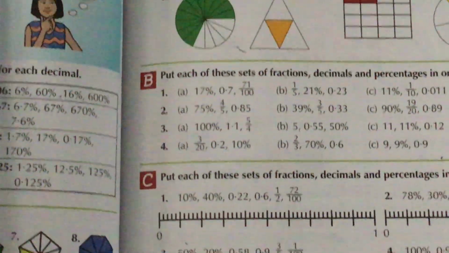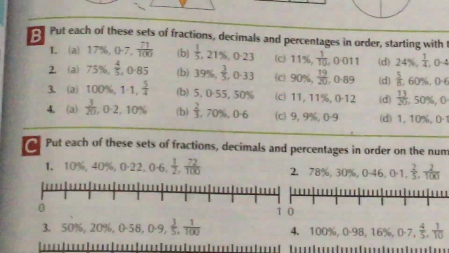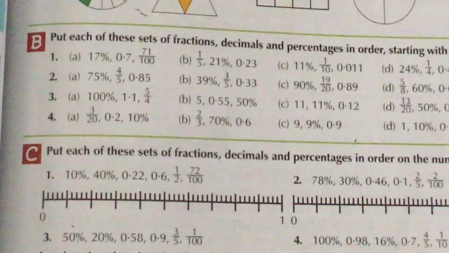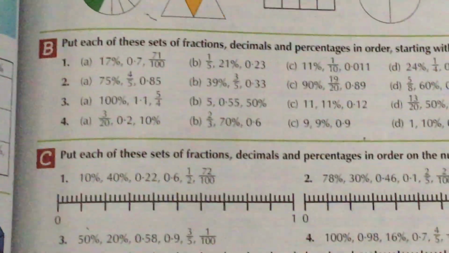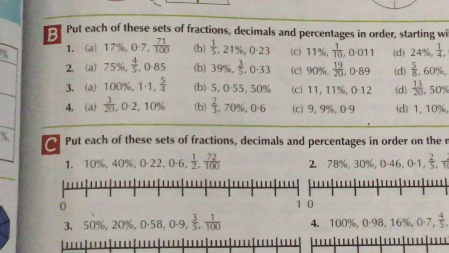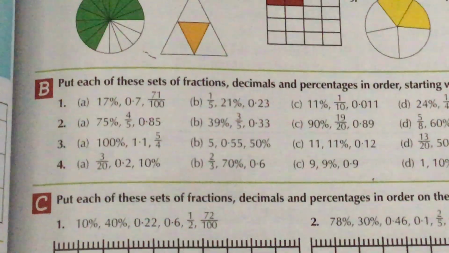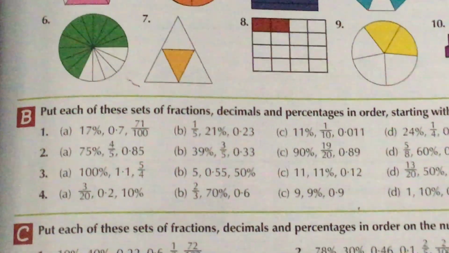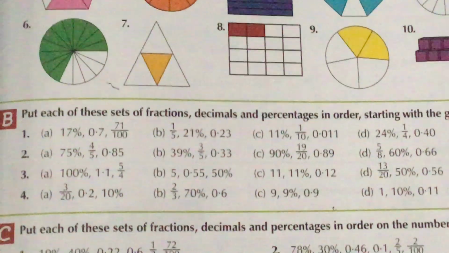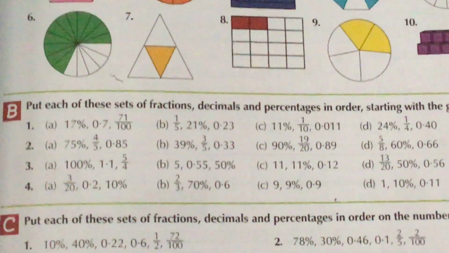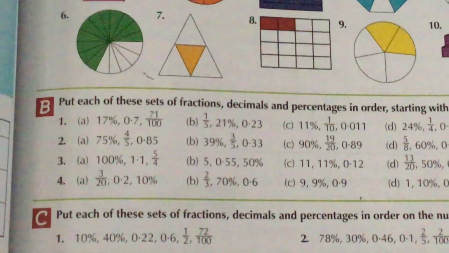So I've worked them out as percentages, converting each one to a percentage. You could convert each one to a fraction, or you could convert each one to a decimal. Whichever way, just make them all the same. And then when you're writing the answer, obviously you have to go back to its original form. I know that 1/5 is 20%, 21%, and 0.23 is 23%. But when I'm writing my answer, I know that 23% is the biggest, so I write 0.23.